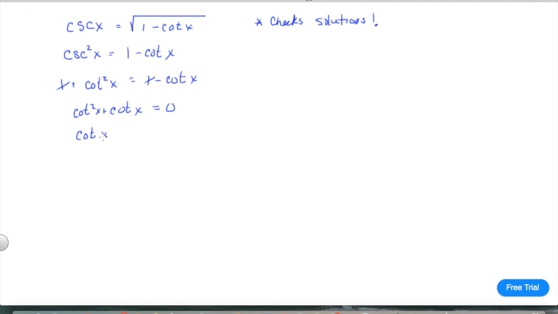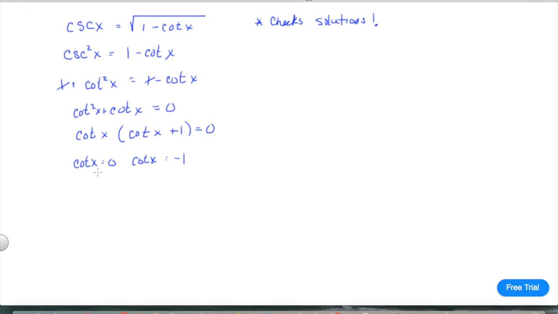I can take out a cotangent x, and that leaves me with cotangent x plus 1. So now set each factor equal to 0. So cotangent x equals 0, and cotangent x equals negative 1. So now I will solve both of these equations.